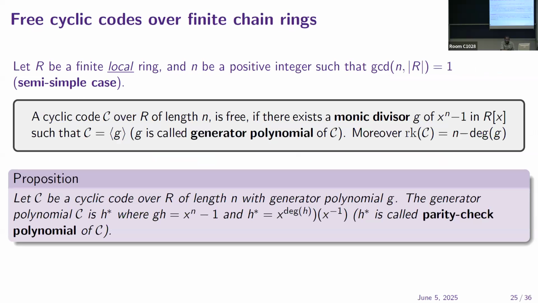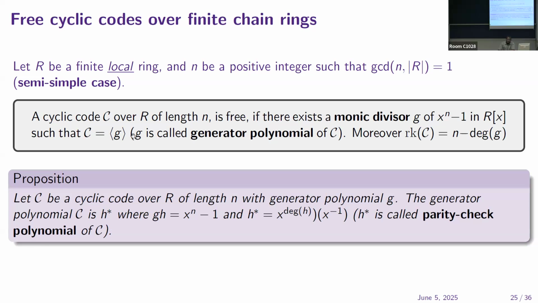The answer to these questions is given when R is a local ring. First, we consider when the cyclic code is free. When a cyclic code is free, the generator of this code is the monic divisor of x^n minus 1.